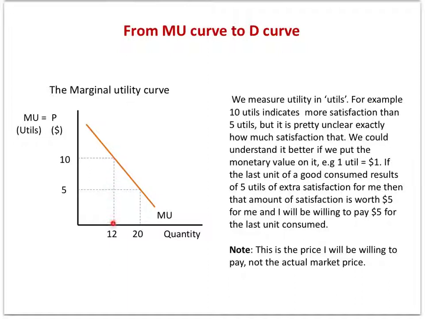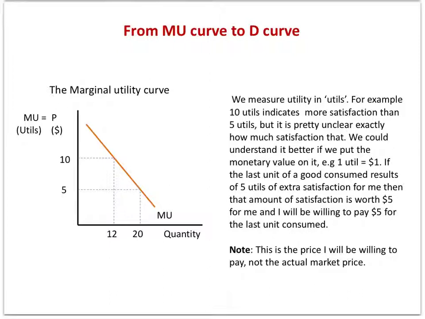Suppose I consumed the 12th unit of a good and I got so much additional satisfaction from it. For me, it is that much satisfaction that I will be willing to pay $10 to get it. When I consume the 20th unit of a good, I get so much satisfaction from consuming that additional unit.